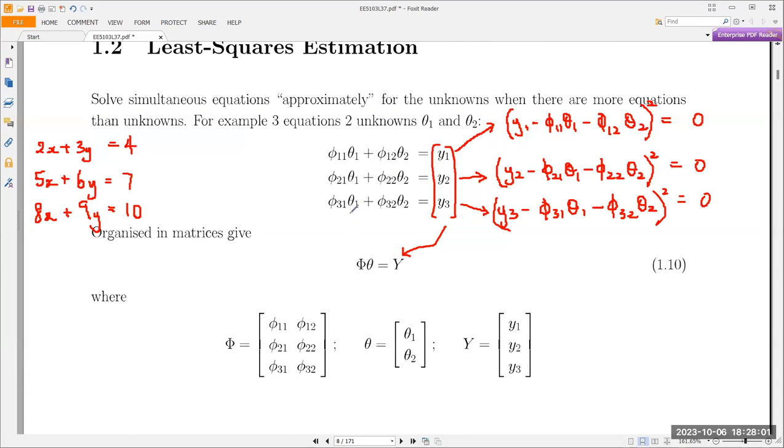The unknowns theta 1 and theta 2 are put inside a vector called theta. And the rest of the coefficients are called phi. You can check: this times this gives back the left-hand side, and this is obviously the right-hand side. So the simultaneous equations will now be written as phi theta equals y.